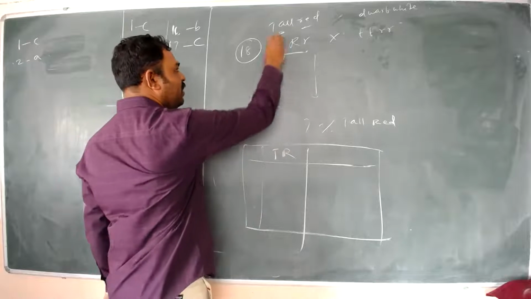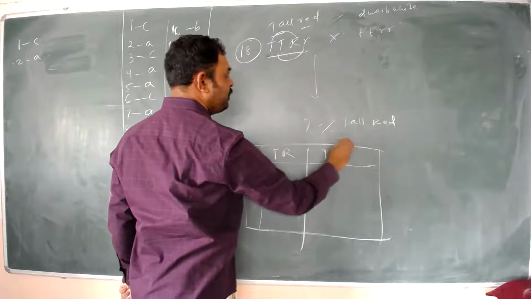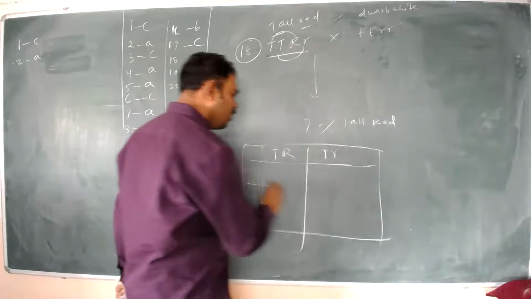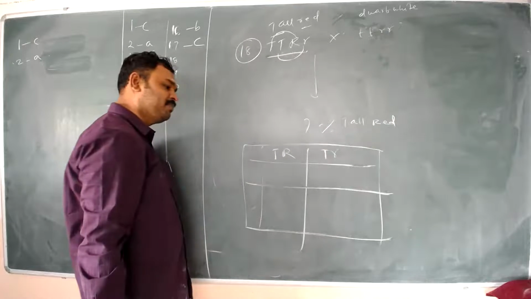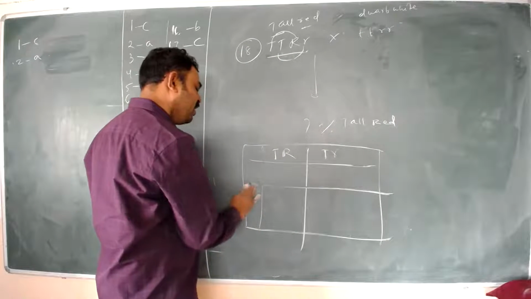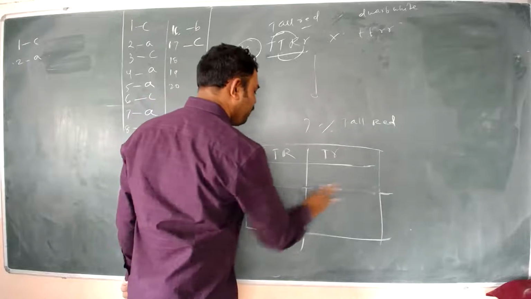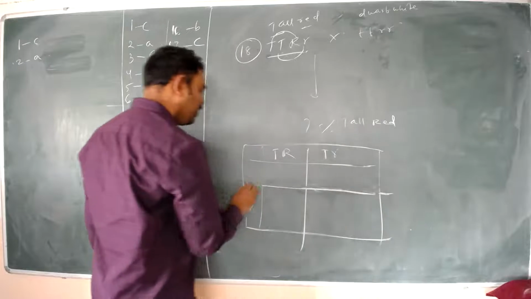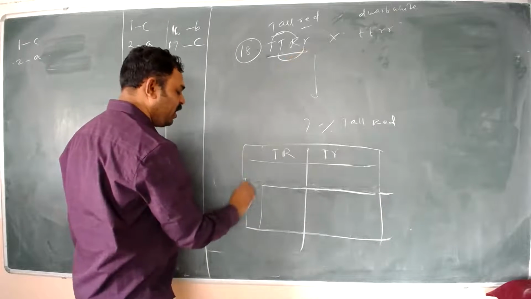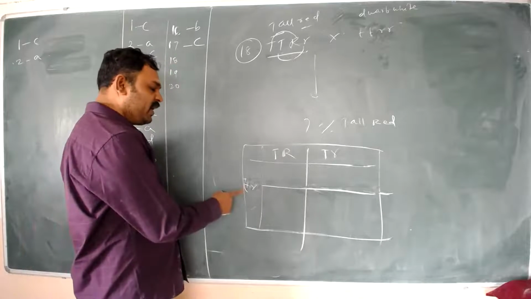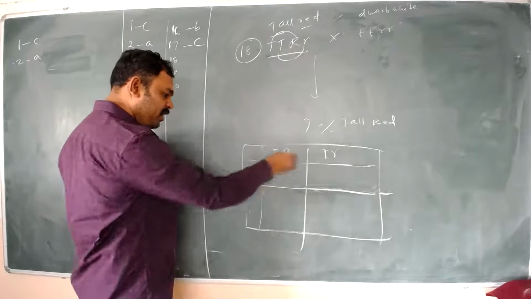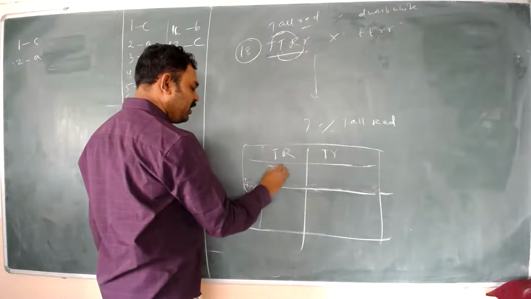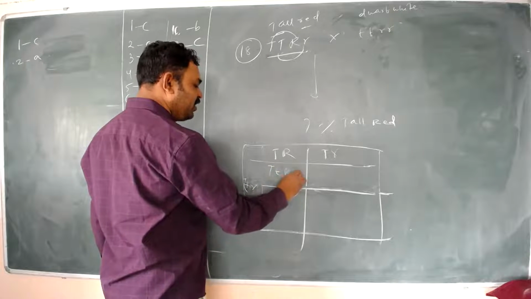Capital D, capital R, capital D, small r. 2 types of gametes. From this, only 1 type. Small d, small r. Only 1 type will come from this. So you can make a cross from here, capital D, small d, and here capital R, small r.